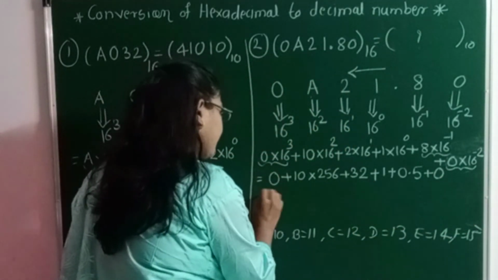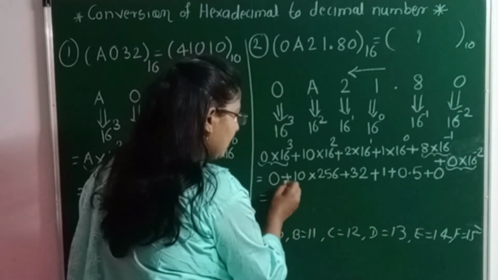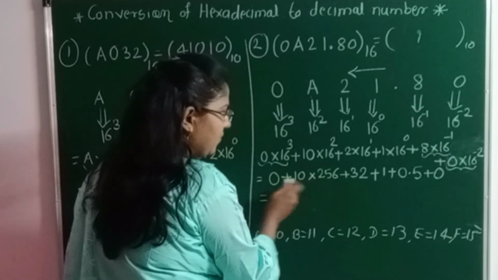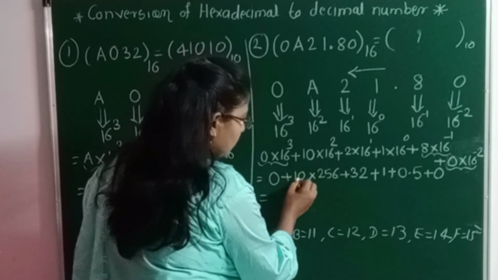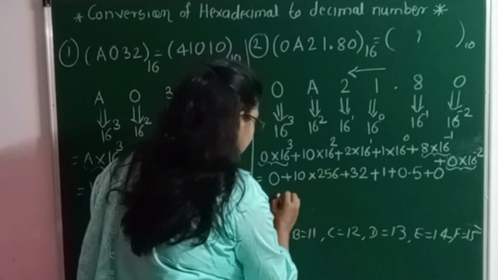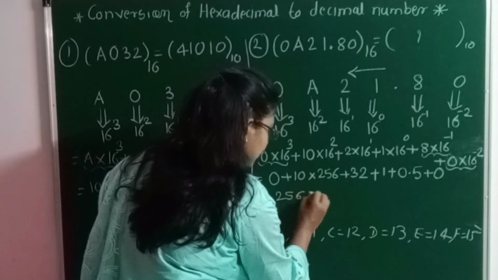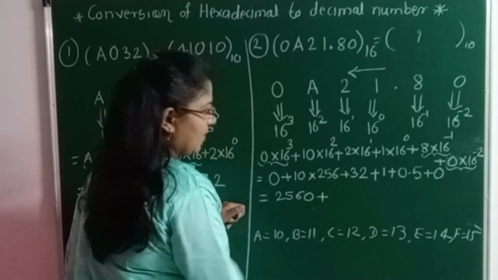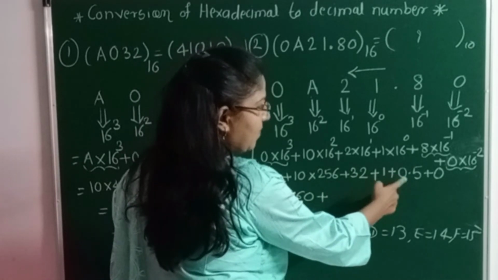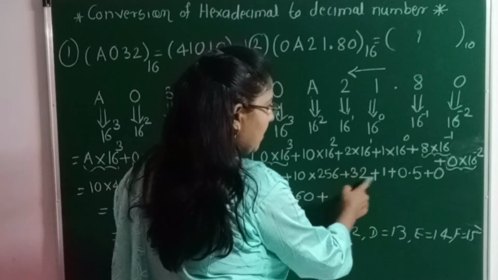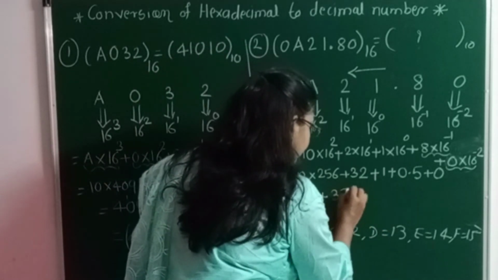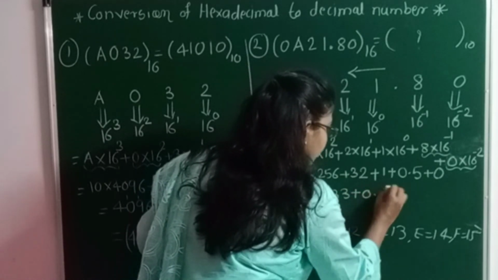Now next step. 0 plus, it will not make any change when we are going to add the 0. So 10 into 256, the result is 2560 plus 32 plus 1 plus 0.5. So 32 plus 1 is 33 plus 0.5.